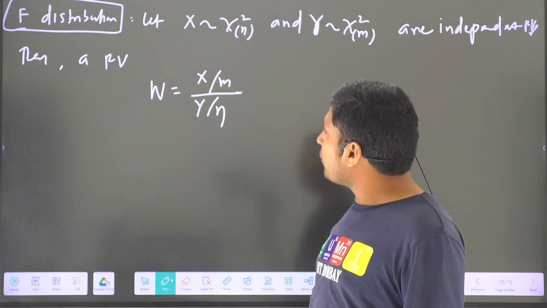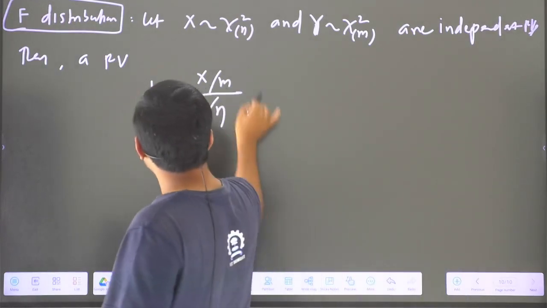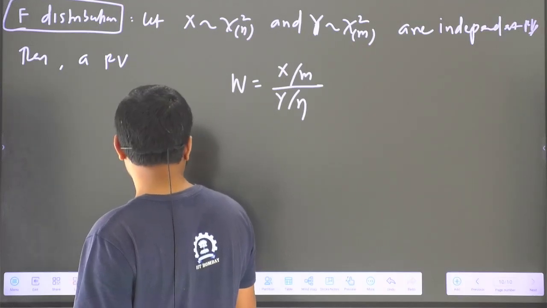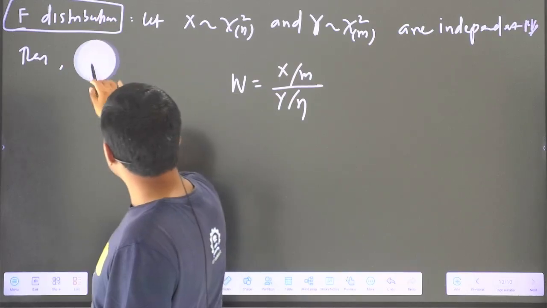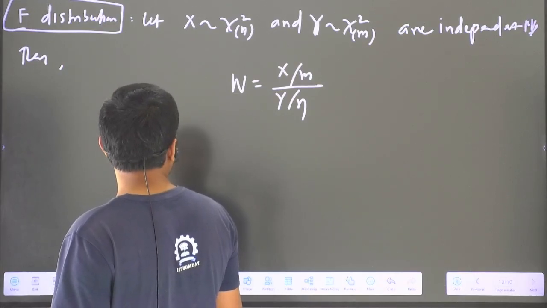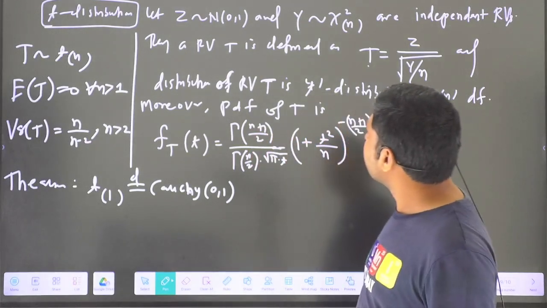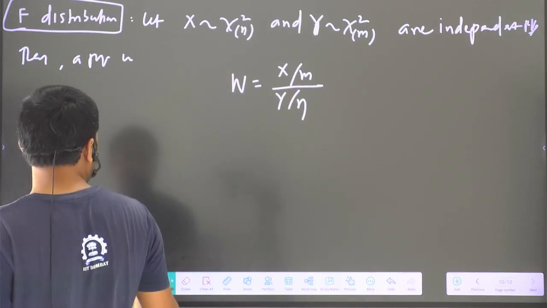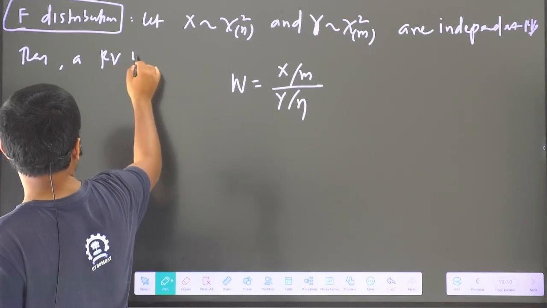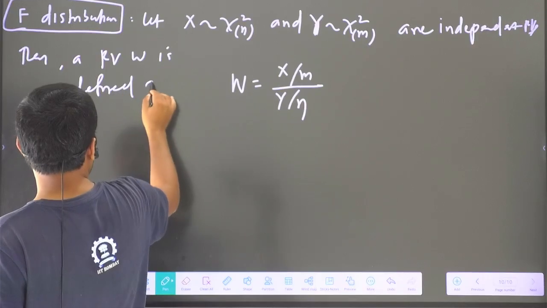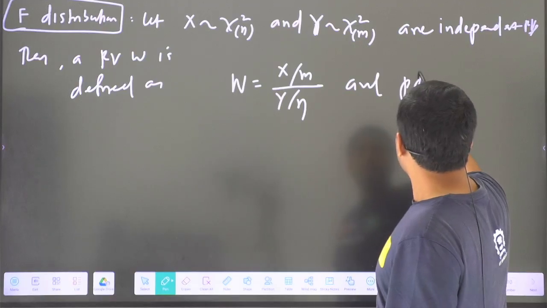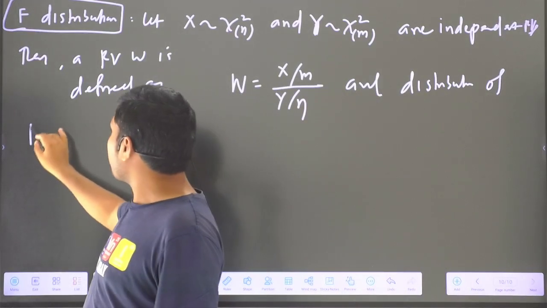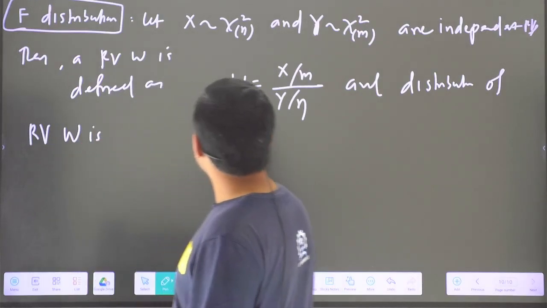So we define a random variable W as this.